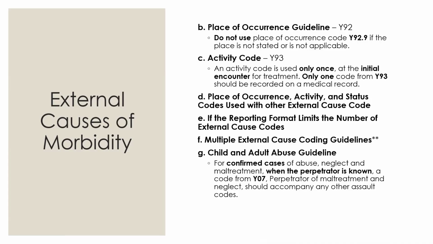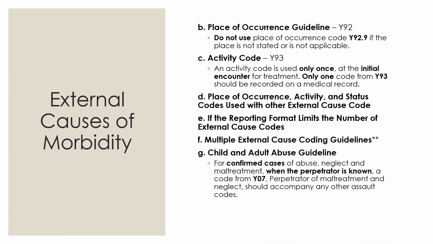So now let's talk a little bit more about place of occurrence, activity, and status codes when used with other external cause codes. When applicable, place of occurrence, activity, and external cause status codes are sequenced after the main external cause code or codes.